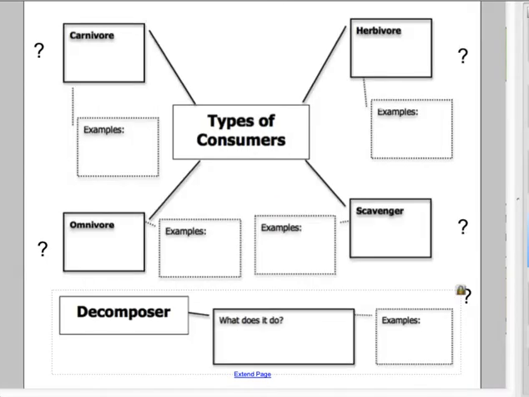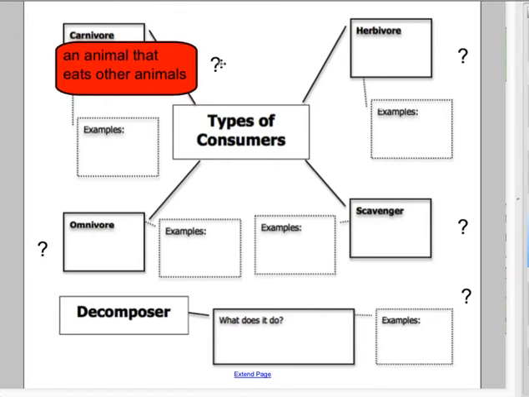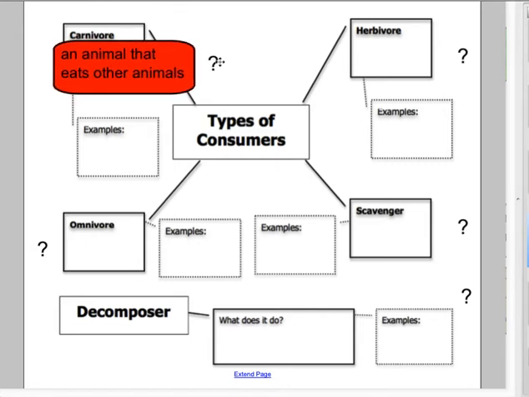Okay, now let's talk about the different types of consumers that we have. Most of you have probably heard these words before: carnivore, herbivore, omnivore, scavenger. Maybe you've heard of, maybe you haven't. But these are different types of consumers. A carnivore is an animal that eats other animals.